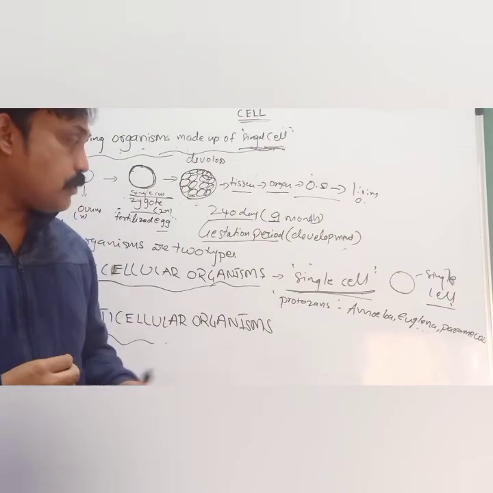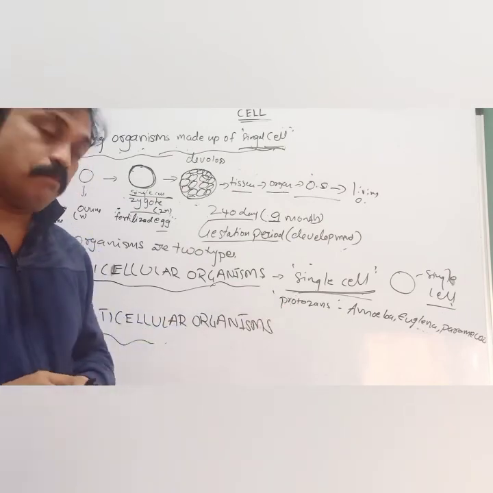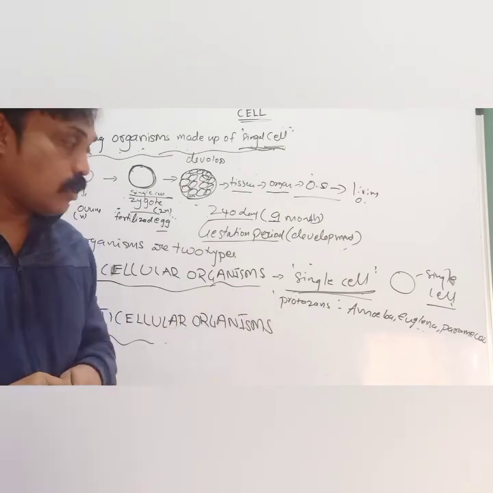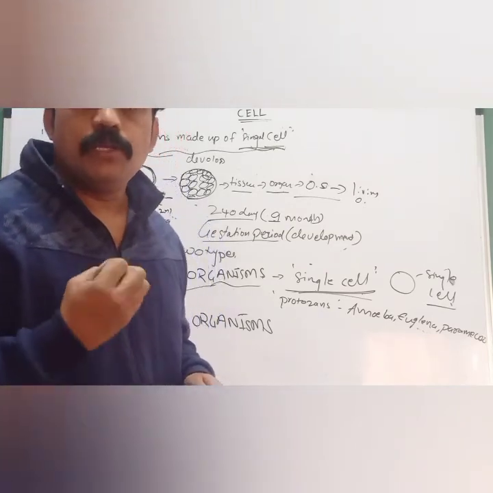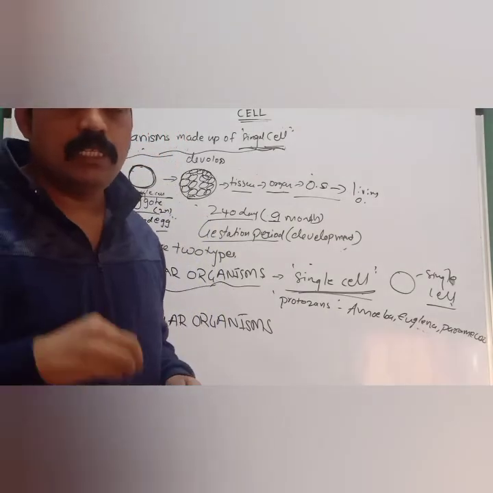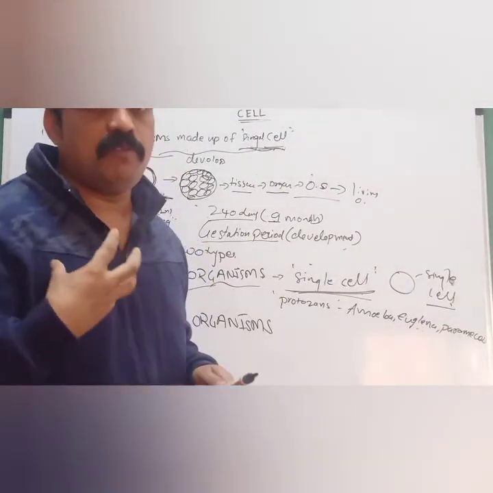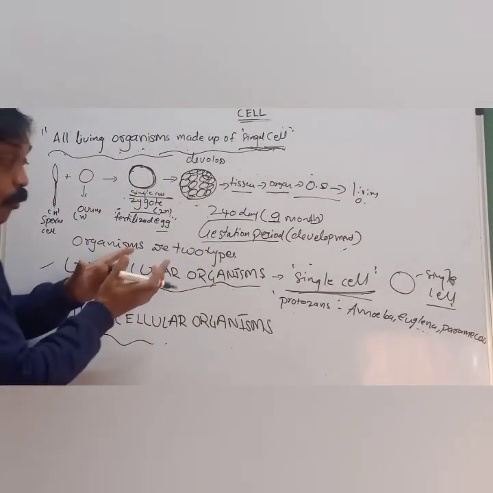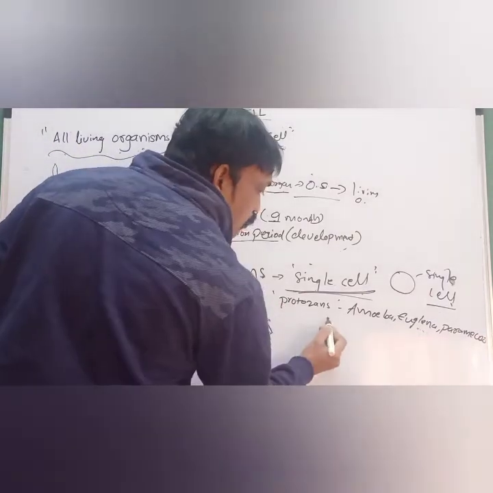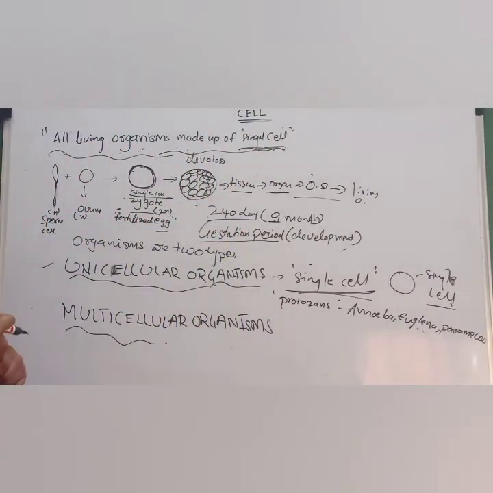Some bacteria are also examples. Amoeba, euglena, paramecium, vorticella, Leishmania donovani, Plasmodium vivax: so many examples of unicellular organisms. These are microorganisms, single-celled organisms.